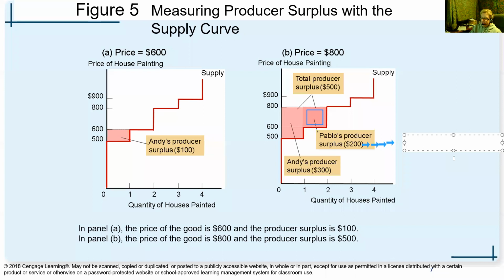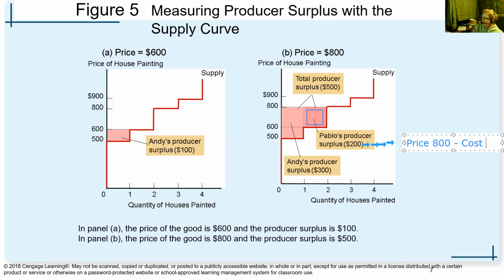we got that by taking the price in the market, which is 800, subtracting Pablo's cost, which is 200, and we end up with Pablo's, I'm sorry, 200 is not correct.